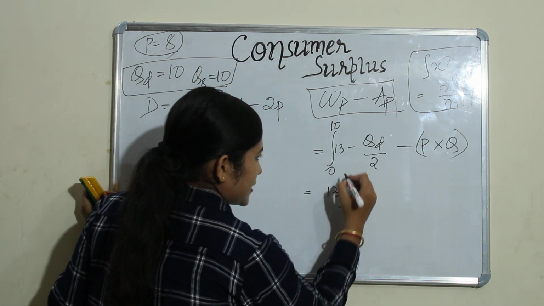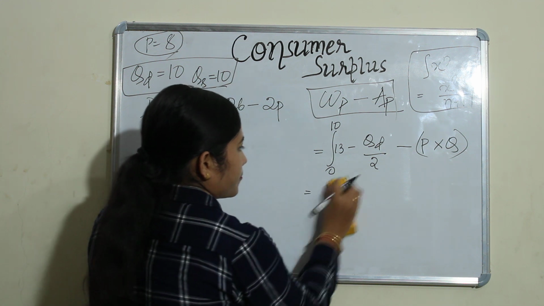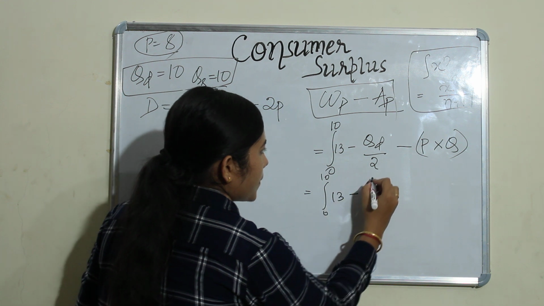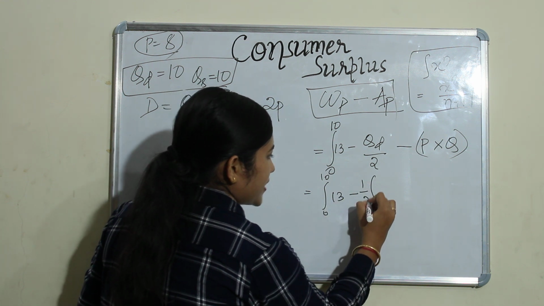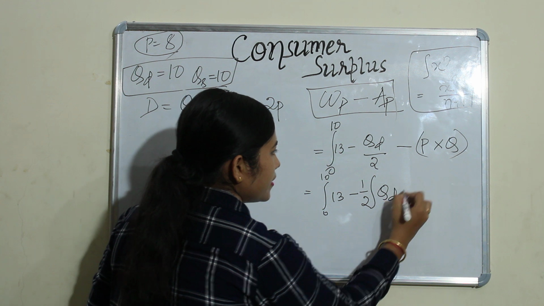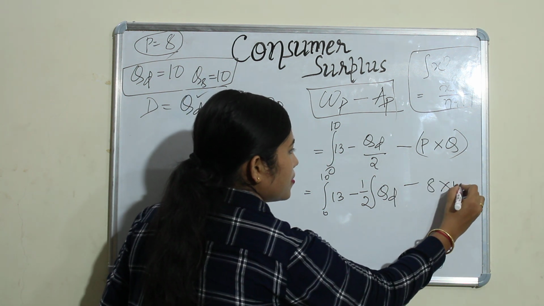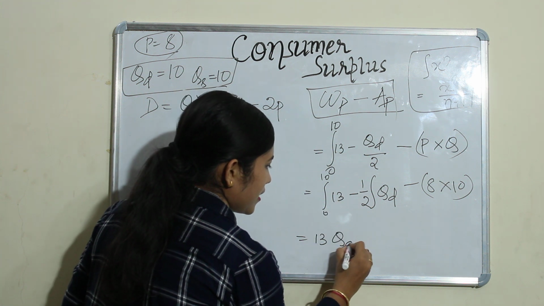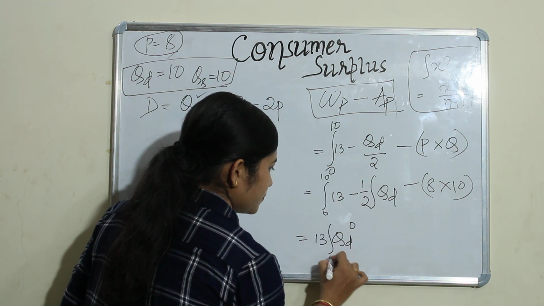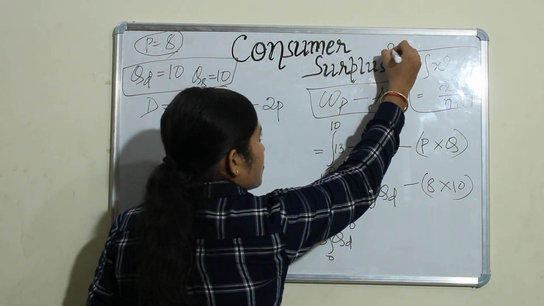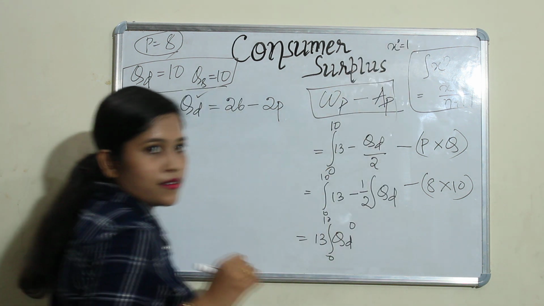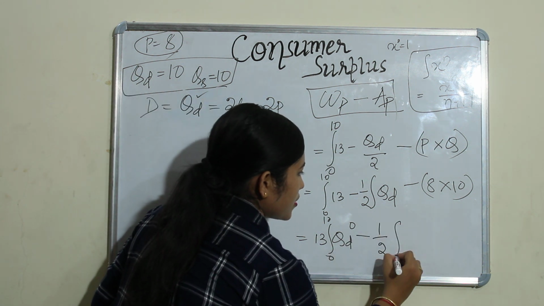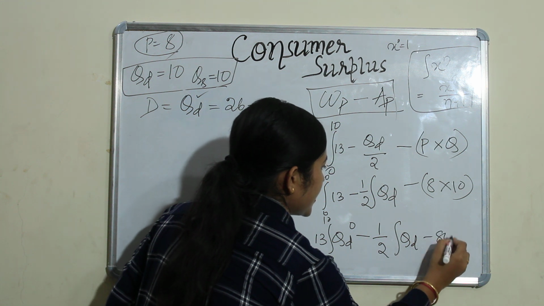So we will take the integration of 13 minus 1 by 2, taking it outside, QD, with limits 0 to 10. This 13 we can write as QD to the power 0, because x to the power 0 is always 1. So minus half QD.